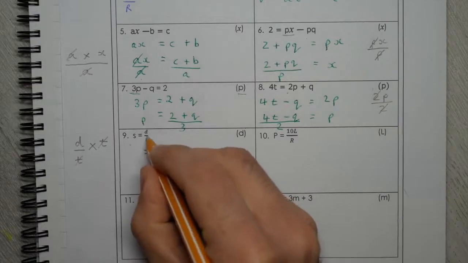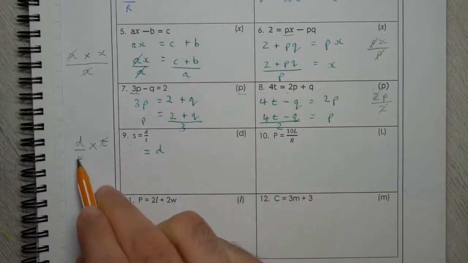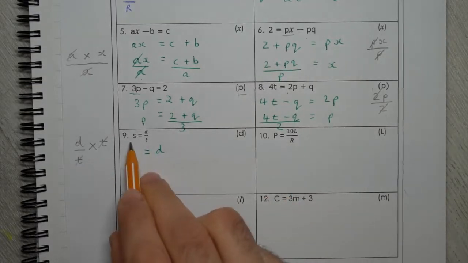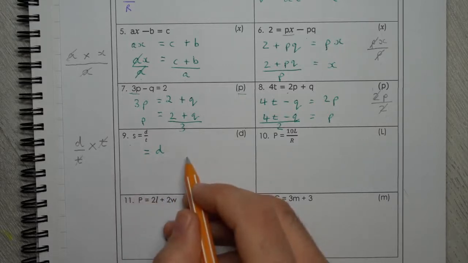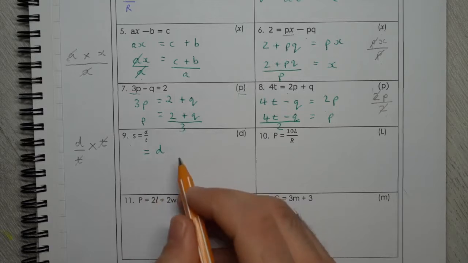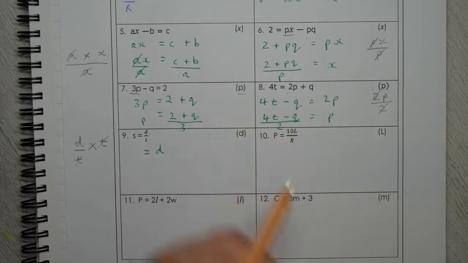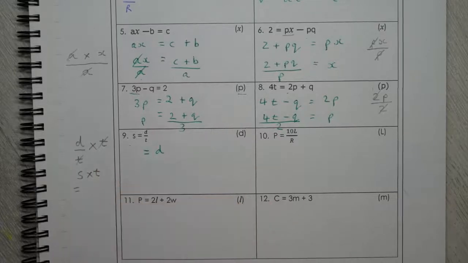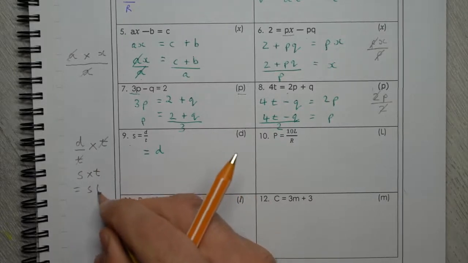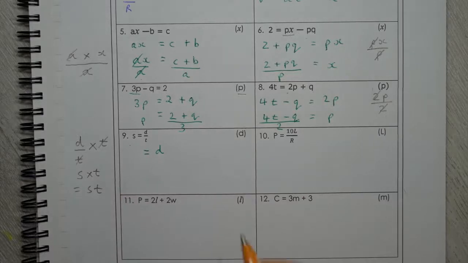On this side, we end up with d, as explained here. And on the other side, we have s times t. When we have s times t, we write it as st. Just eliminate the multiplication sign.